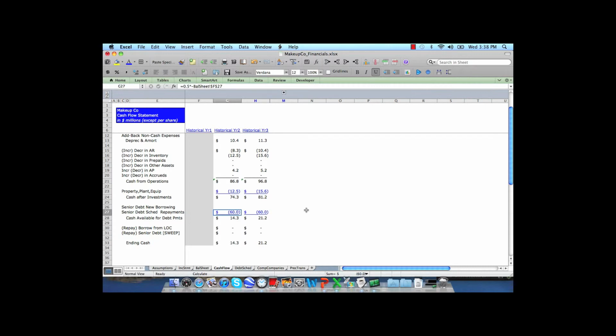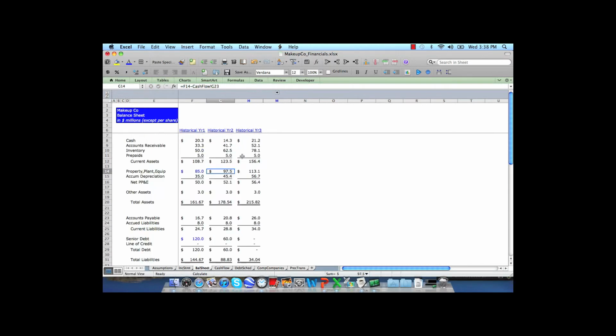Next section on the cash flow statement is the financing activities. And as we mentioned earlier, we did have this company pay off $60 million of debt each year, and you can see that showing up as a $60 million outflow. When all of that is totaled, the cash from operating activities, cash from investments, cash from debt payments, we're left with an ending cash balance that simply flows to the top of the balance sheet.